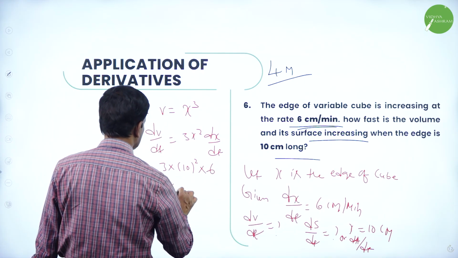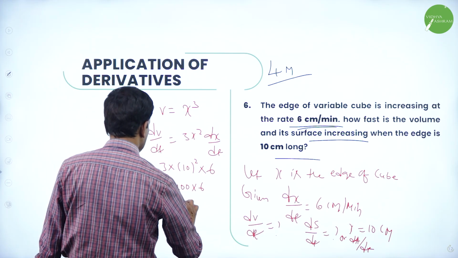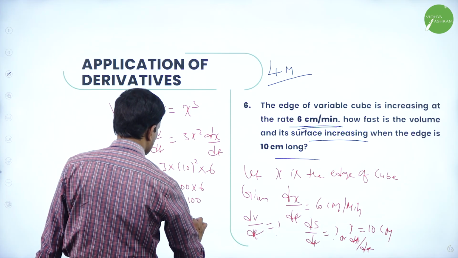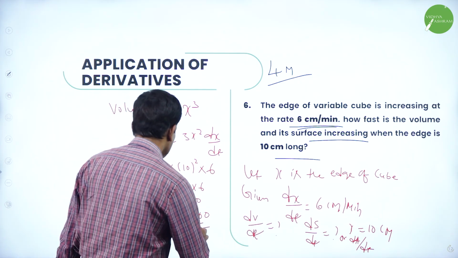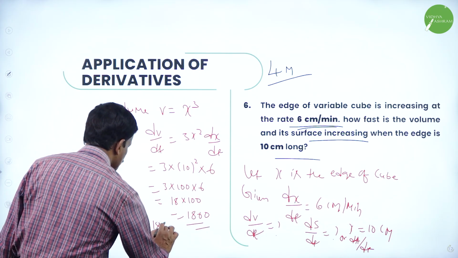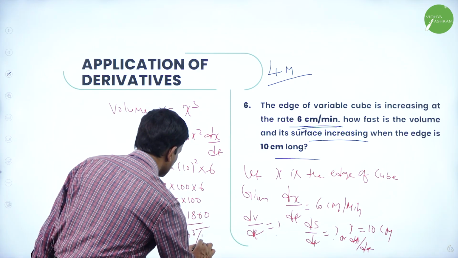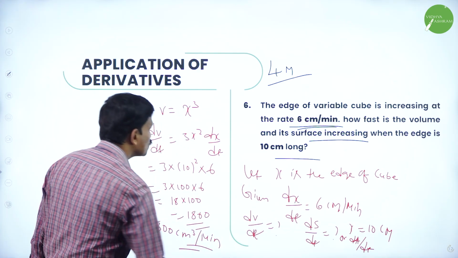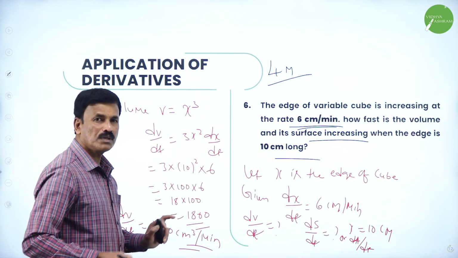So 3 into 100 into 6. 6 3s are 18 into 100, that is 1800. So dV by dt is equal to 1800 centimeter cube per minute. So how fast is the volume increasing? 1800 cm cube per minute.